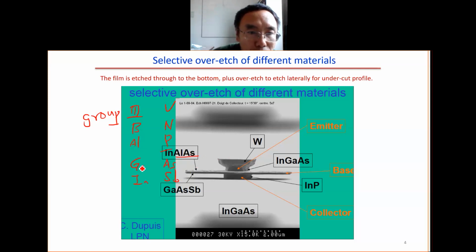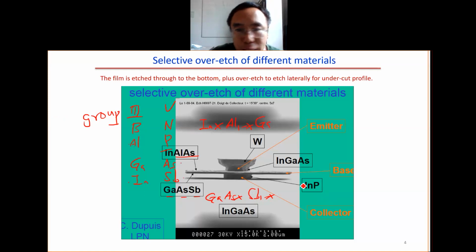The indium and aluminum come from group 3, so this will be In_x Al_(1-x) As. But this one is gallium arsenide antimony. Arsenic and antimony are group 5, so this one should be GaAs_x Sb_(1-x). So those are the group 3 and 5 semiconductor materials.